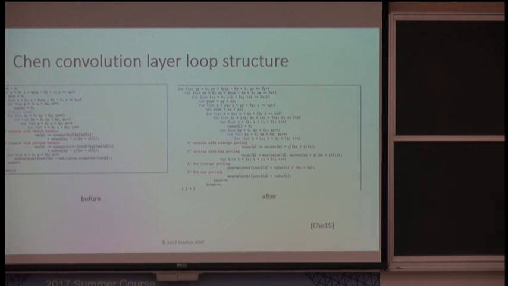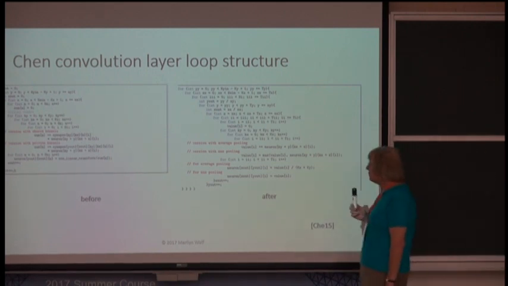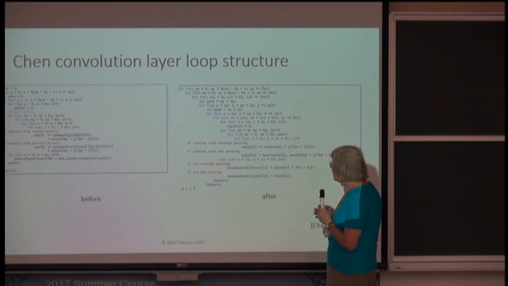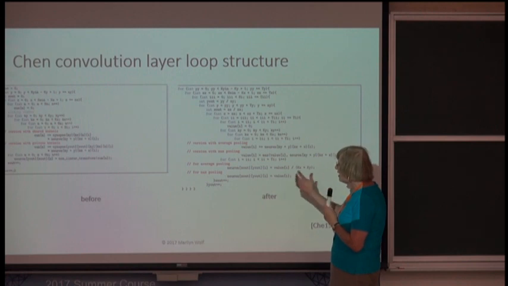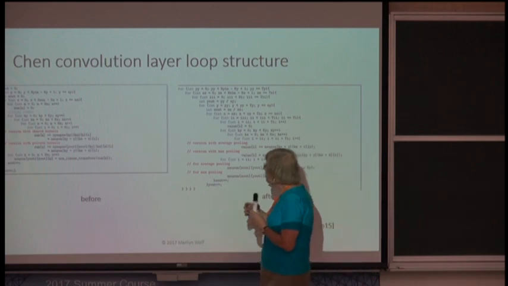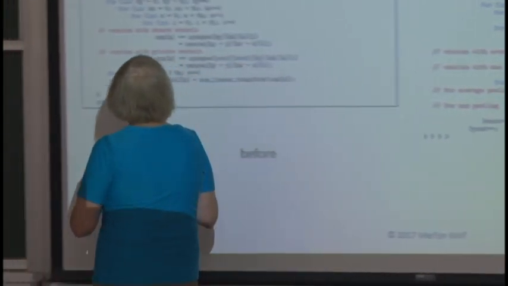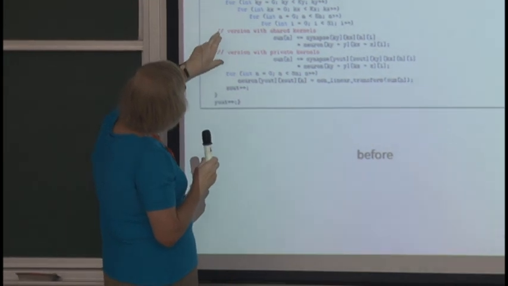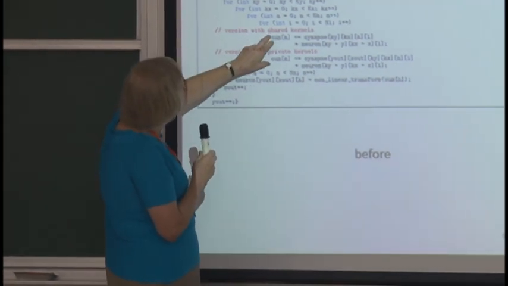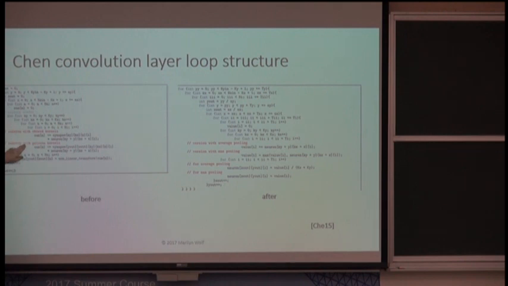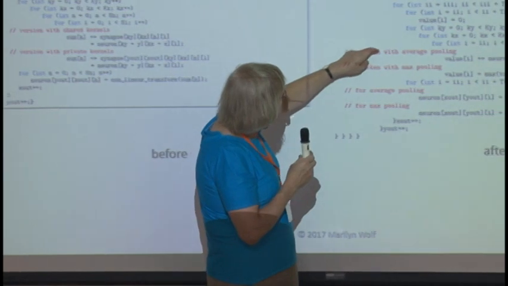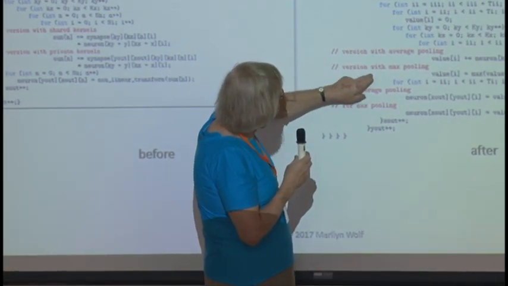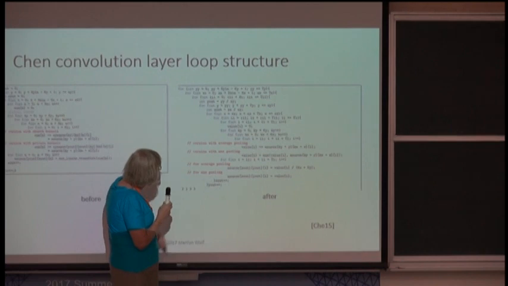So this figure comes from their paper, and it shows how they reorganize the loops a little bit in order to map it onto their hardware structure. It's a little hard to see. But first off, they actually have two loop bodies, one for shared kernels and one for private kernels. In this case, this is with average pooling, using the average operation, and pooling using the max over here.